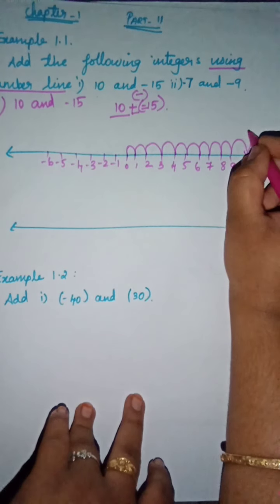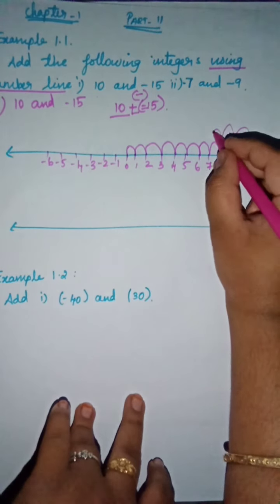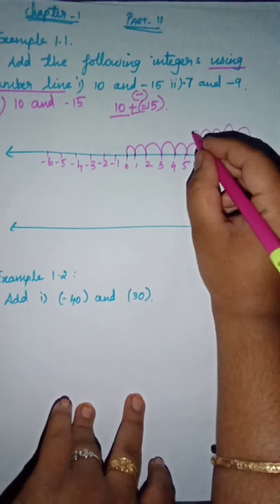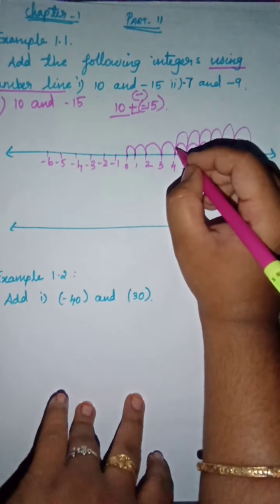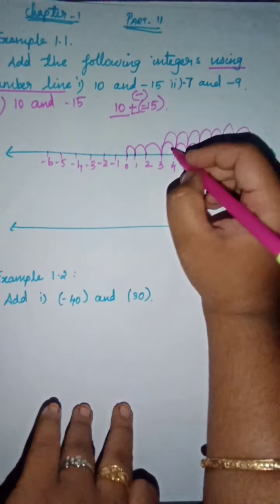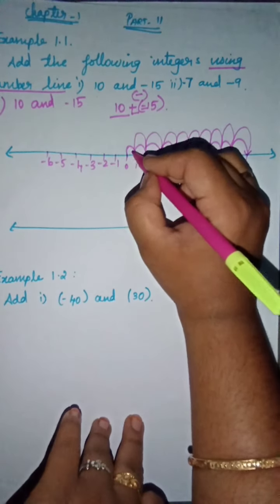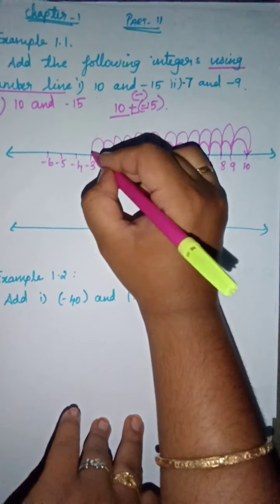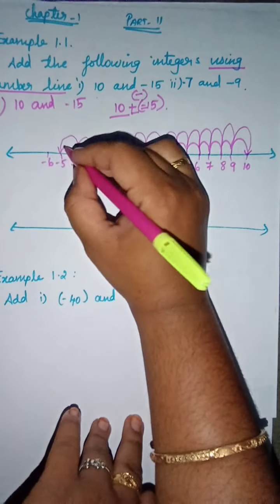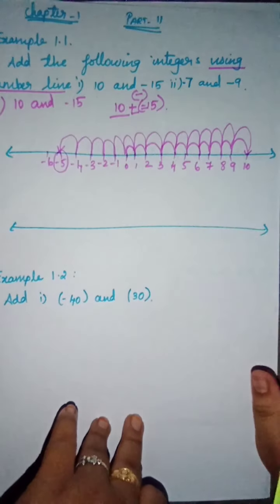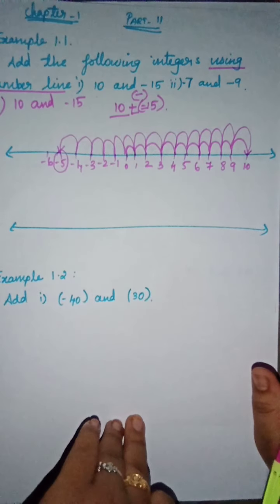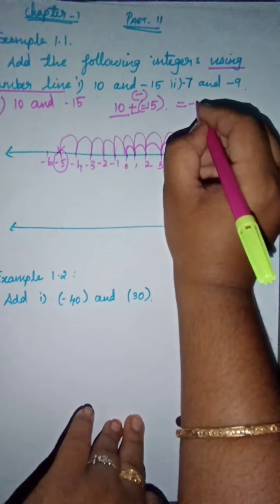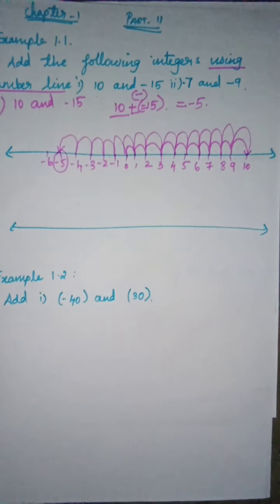So from here it is 1 2 3 4 5 6 7 8 9 10 11 12 13 14, 15. So your answer will be minus 5. Can you understand? So 10 plus minus 15 is equal to minus 5. So if they ask you to do it in number line, the first thing you have to do is draw the number line.